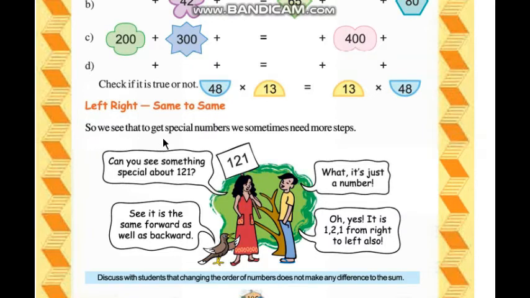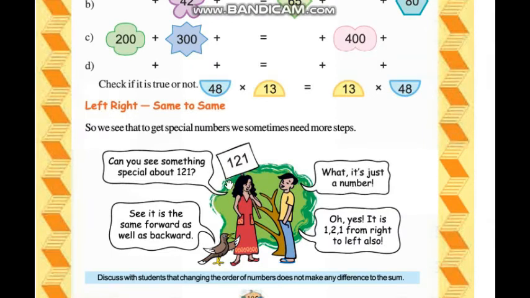So we see that to get special numbers we sometimes need more steps. Can you see something special about 121? What? It's just a number. This says 121 is just a number. Now this bird says, see, it is the same forward as well as backward.